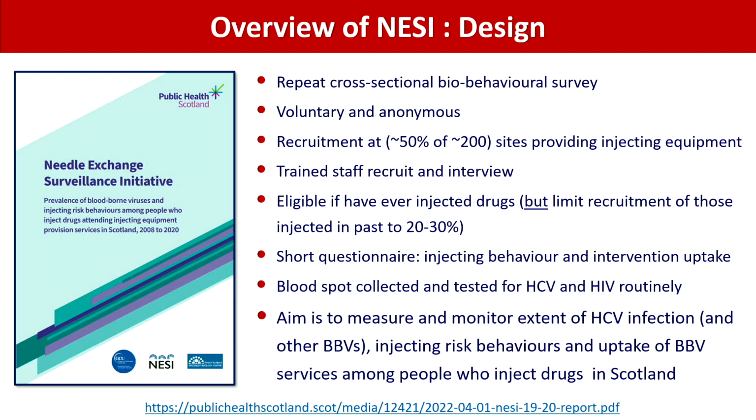So we are not testing people and returning their results, testing them anonymously, but we do refer them to sites, often which are either co-located or very close for them to go and get a BBV test. We recruit a large number of sites across the whole of Scotland, so around 50% of sites that are providing injecting equipment, and also they will be providing other services such as OAT as well in these settings.